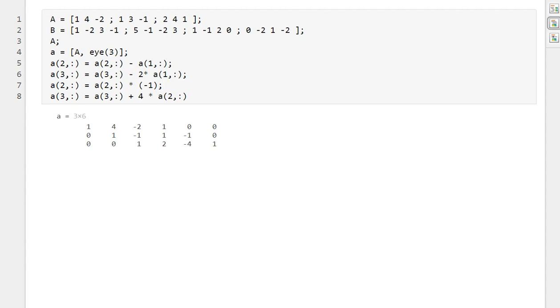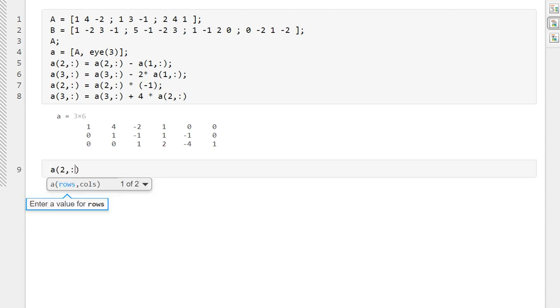So our next step, this is REF, we'd be fine here, but the next step is to go to RREF. Remember, the process is to get zeros above all of my pivots now. I start off getting zeros below my pivots, and I finish by starting on the right-hand side, moving back to the left, getting zeros above.